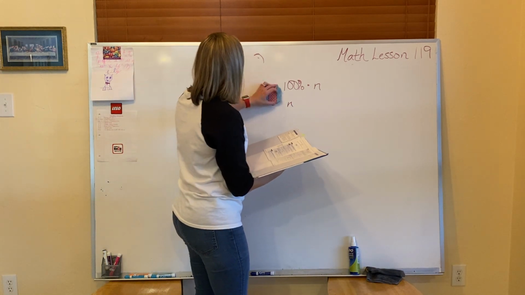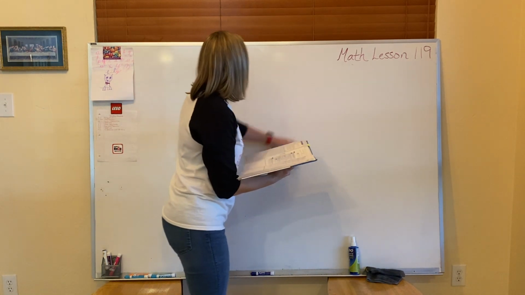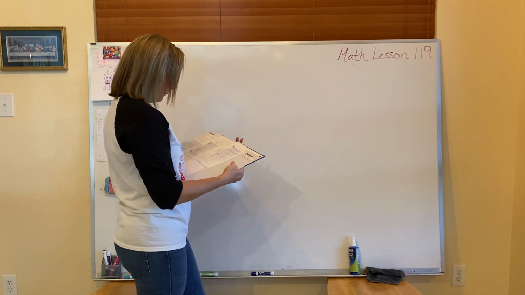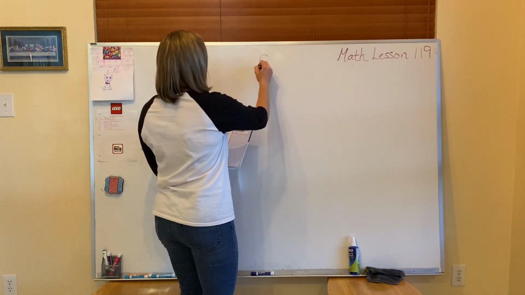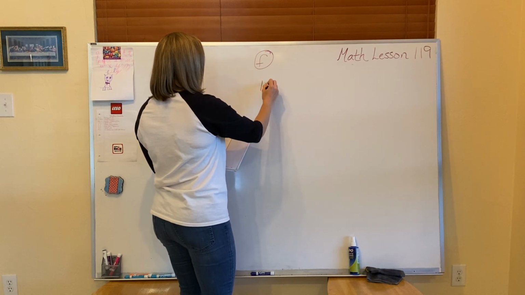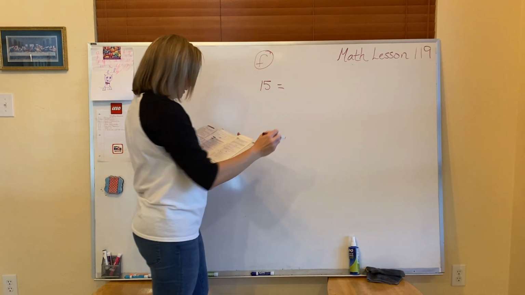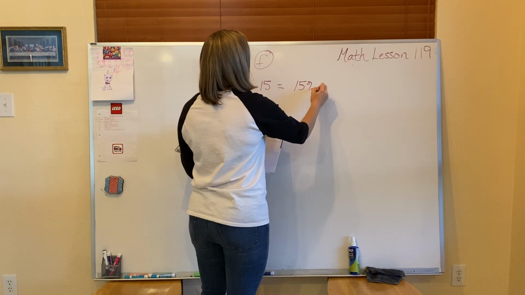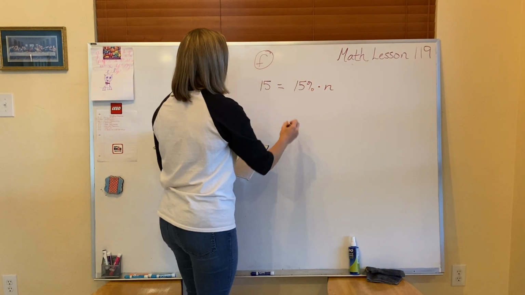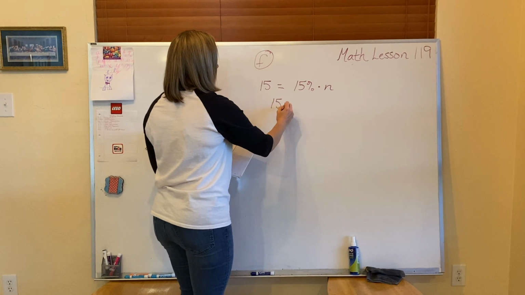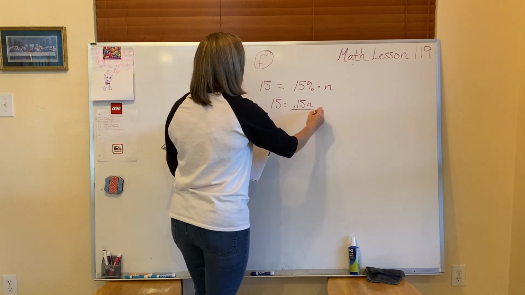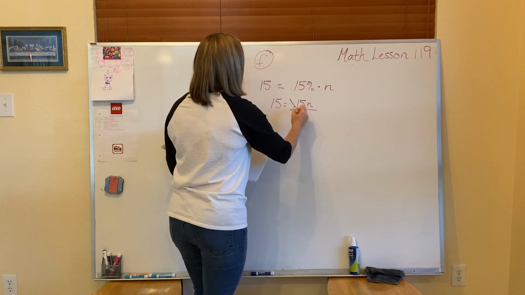F. 15 is 15% of what number? 15 equals 0.15n or 15 hundredths n. We'll divide each side by 15 hundredths.